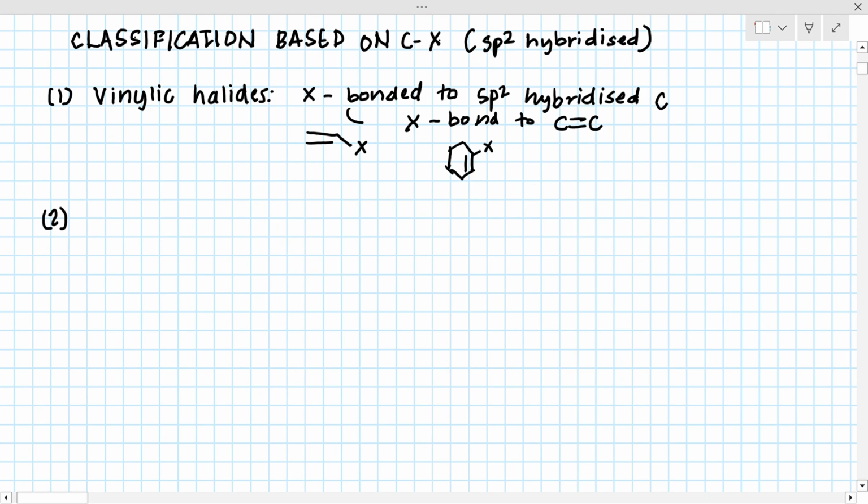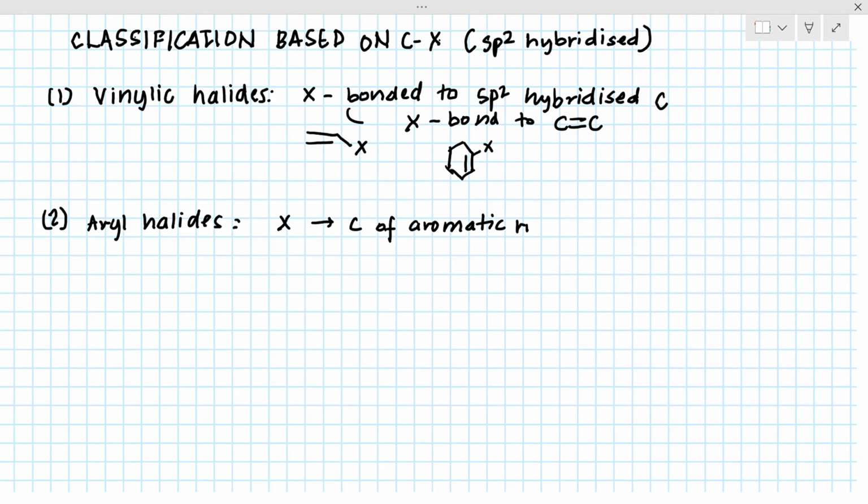Then you have aryl halides, which we already learnt, where the halogen atom is bonded to a carbon atom of an aromatic ring. So you have this.